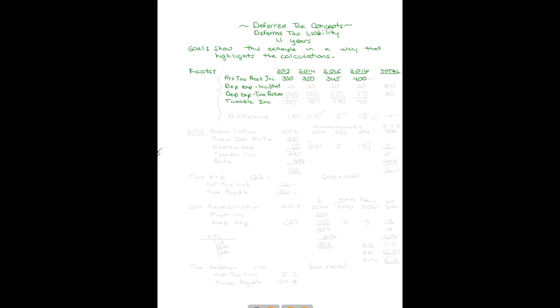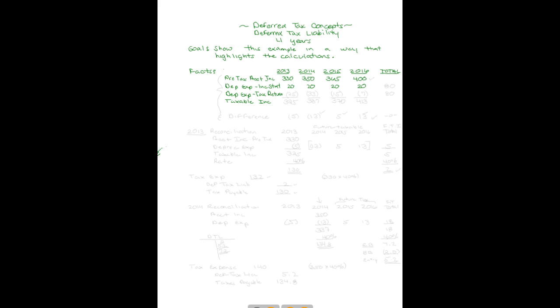So first I listed pre-tax accounting income, and I'm going to assume that out of that was taken straight line depreciation expense. Depreciation relates to property, plant, and equipment. That's an asset. This must be a deferred tax liability problem.